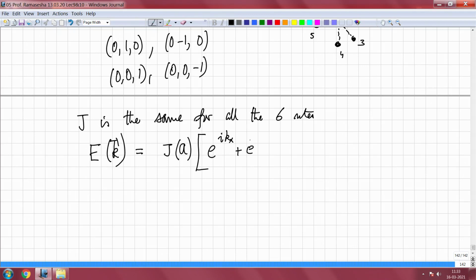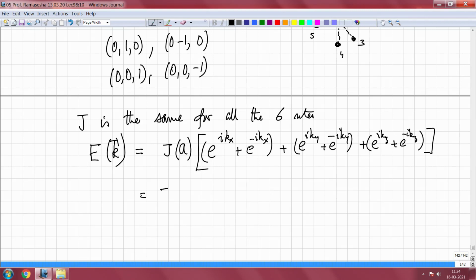plus e to the minus I kx, coming from the set 1, 0, 0 and minus 1, 0, 0, plus e to the I ky plus e to the minus I ky, plus e to the I kz plus e to the minus I kz.